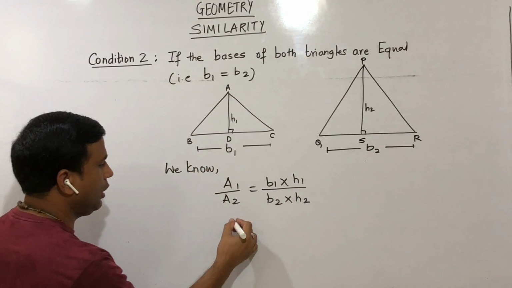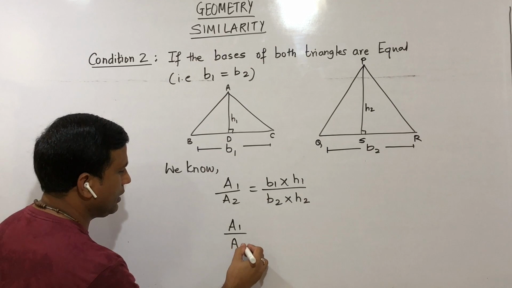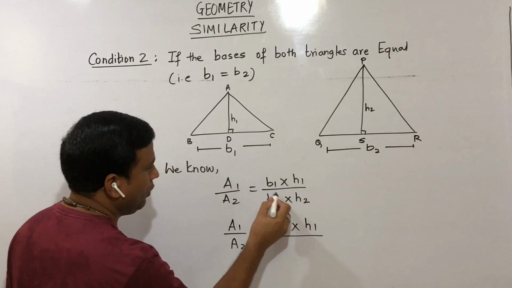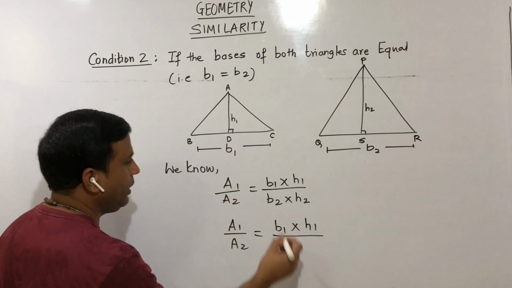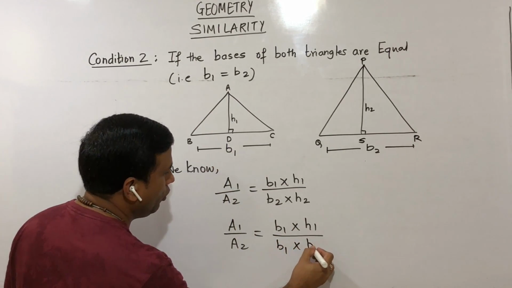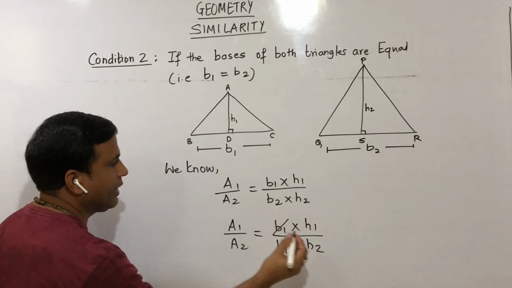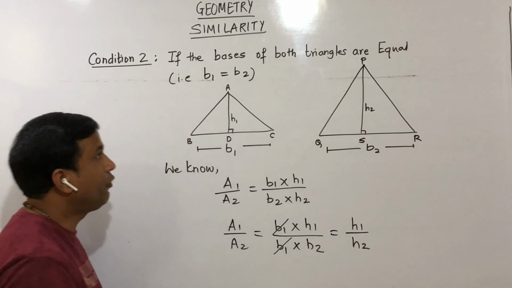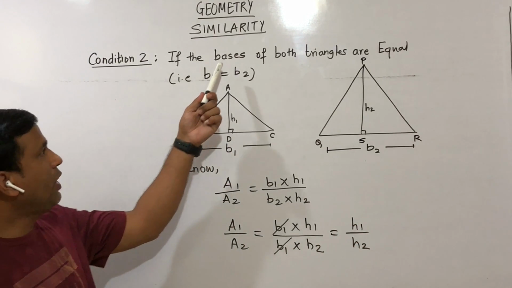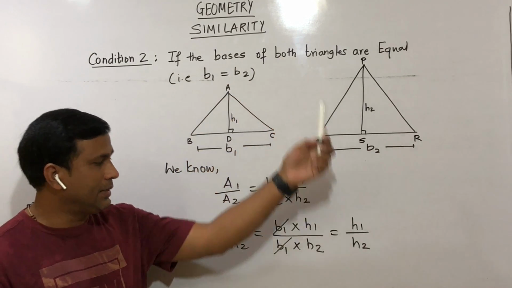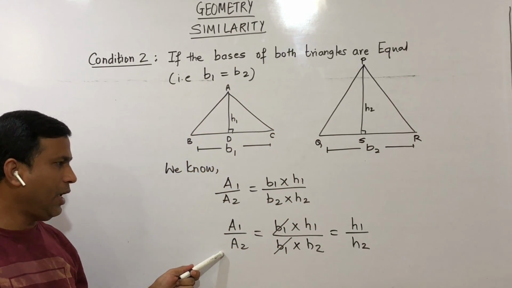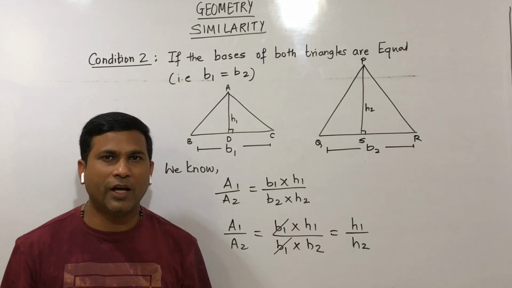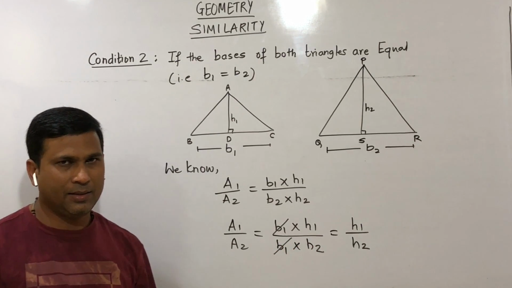Since the bases are equal, we replace B2 by B1, so B1 gets cancelled and you get the ratio of their heights. Therefore, always remember, when you have equal bases, the ratio of the areas of two triangles is equal to the ratio of their corresponding heights.